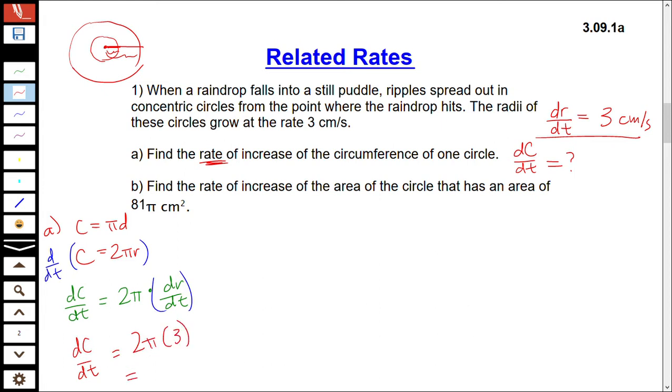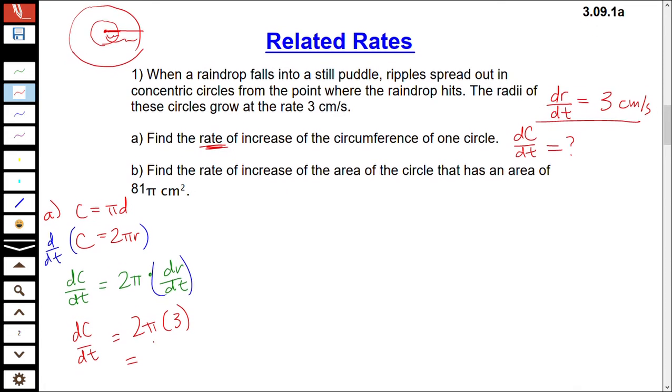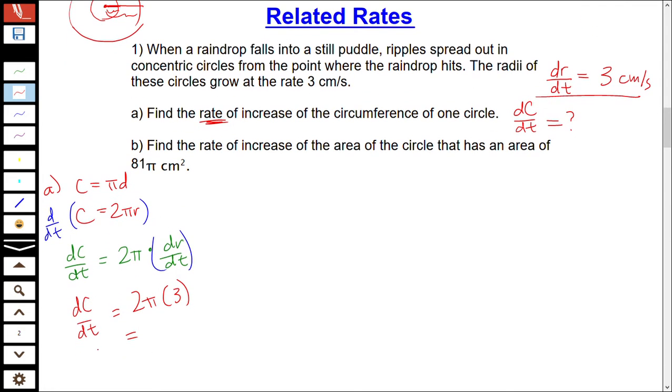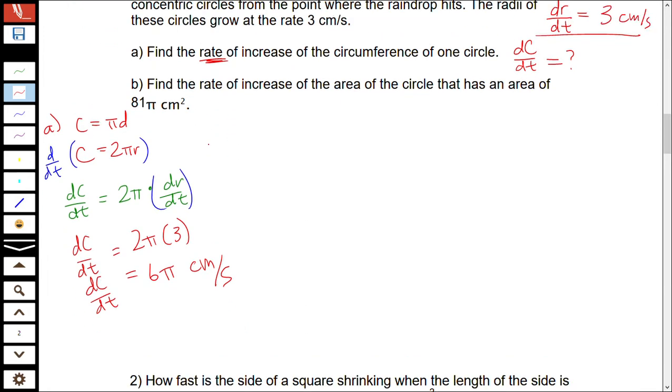So my dc over dt is going to be 6 pi. And the unit is measured in centimeters, but it's per second. Okay, so to find the rate of increase, and we know it's increasing because 6 pi is a positive number.